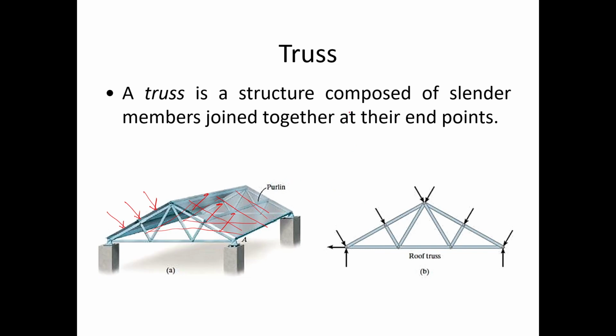Okay, so notice again that a truss is composed of slender members joined together at their endpoints. Meaning these are the points, the pin connected as what we have assumed earlier. And then this one is one member, second member, third, fourth, and so on.